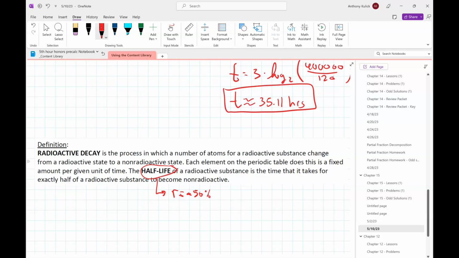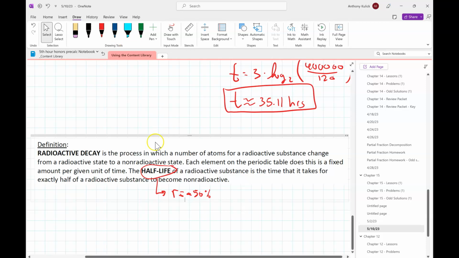So again, we know it's radioactive decay. That's why we're getting the negative sign, because of the word decay. And as we talked about before, doubling was 100%. So halving should be 50%, right? If you go to the store and something is half off, it's on sale for 50%, right?